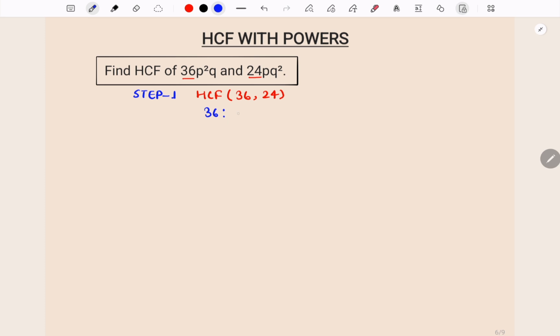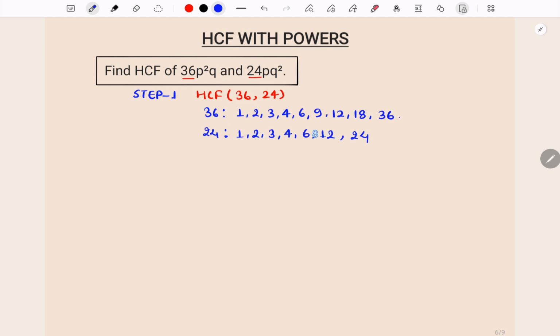Factors of 36 will be 1, 2, 3, 4, 6, 9, 12, 18, and 36, right? And the factors of 24 will be 1, 2, 3, 4, 6, 12, and 24.